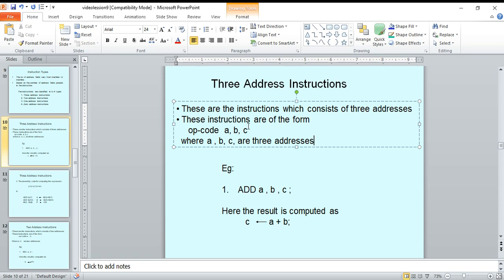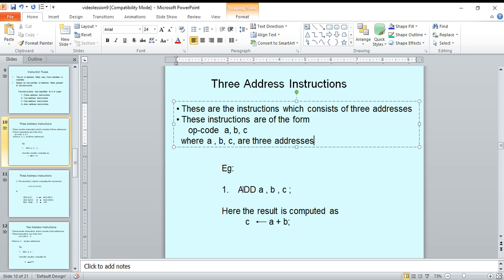See this example: these instructions are of the form opcode, which tells what operation is going to be performed, and then A, B, C. These are the three addresses of the operands.